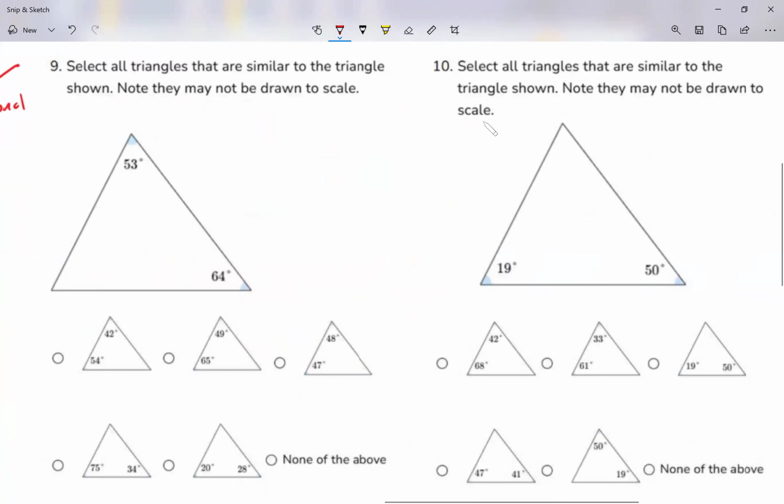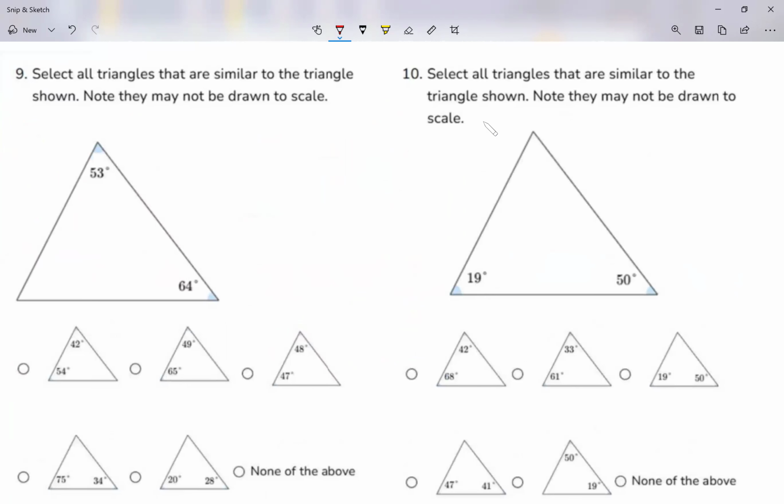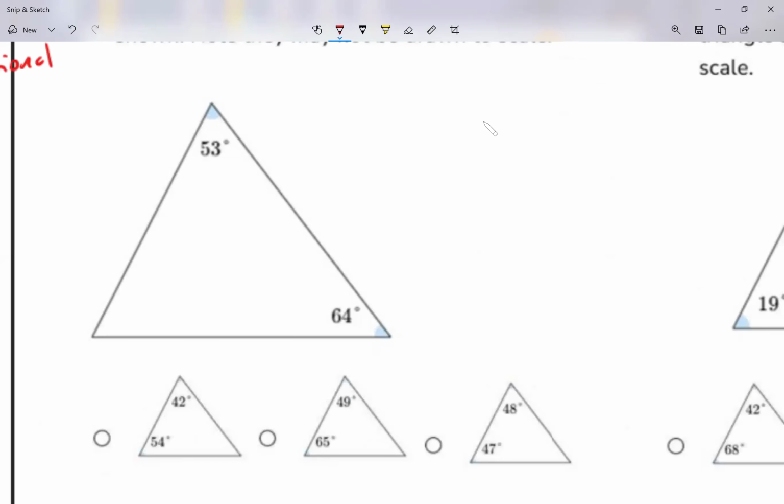Okay, let's take a look at question number 9. Select all the triangles that are similar to the triangle shown. Note, they may not be drawn to scale. I remember that the three angles of a triangle have to add up to 180. I'm only given two of my angles, so I need to find the third angle.